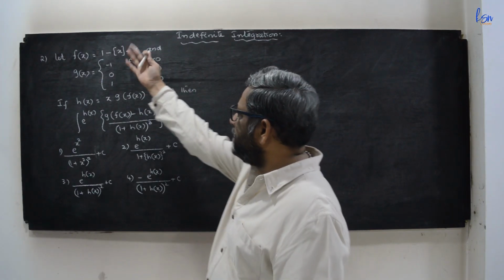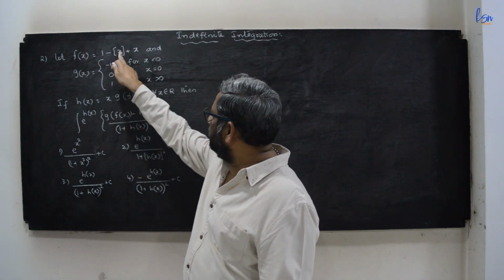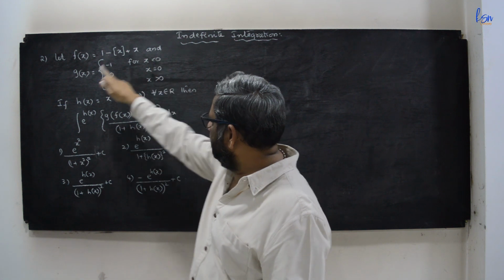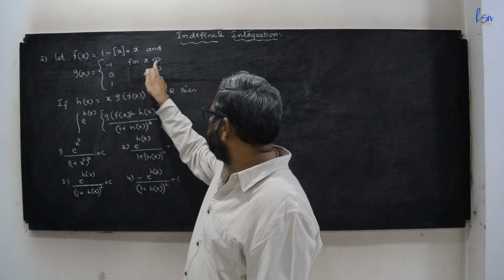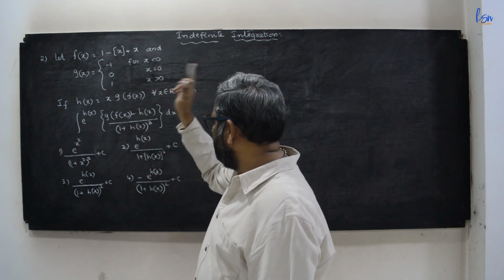The second problem is, let f(x) equal 1 minus the integral part of x, that is [x], plus x, and g(x) equals minus 1 for x less than 0, 0 for x equal to 0, 1 for x greater than 0.